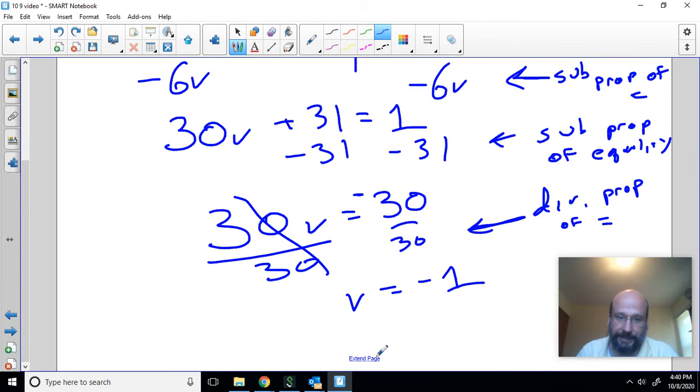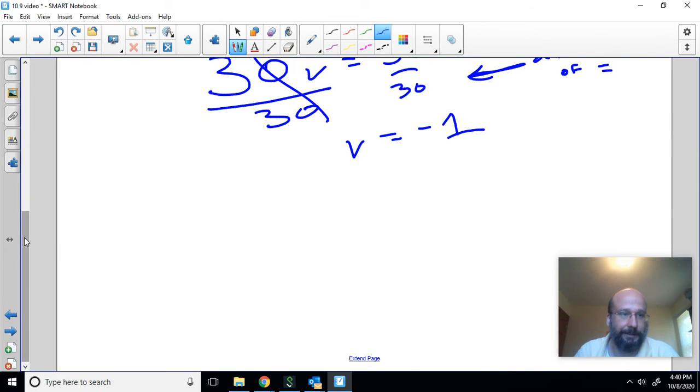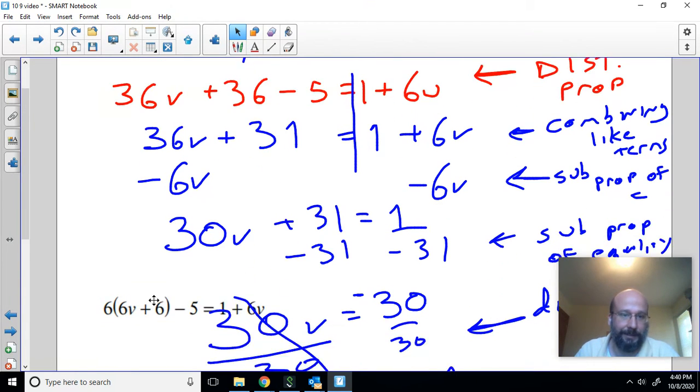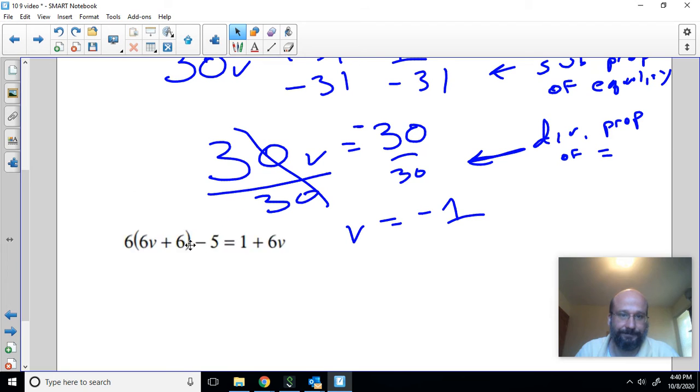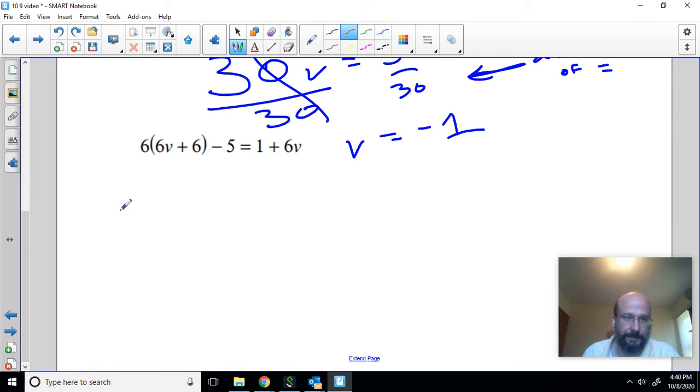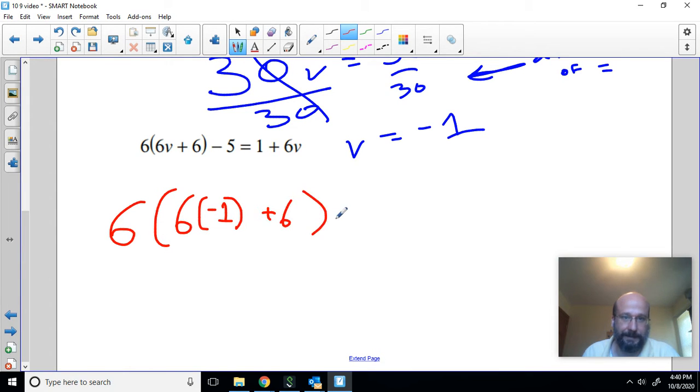All right, so now I'm going to check it. I'm going to get this same problem here. I'm going to bring it down so you can see what I'm doing. I'm going to put the negative 1 in for v. 6 times negative 1 instead of v plus 6 minus 5 equals 1 plus 6 times negative 1.